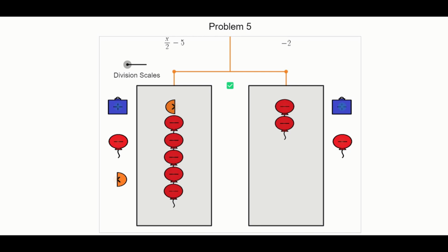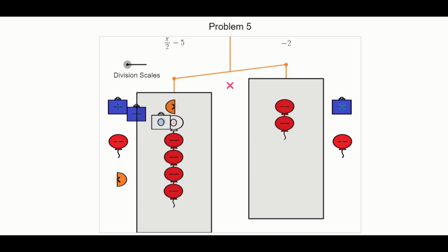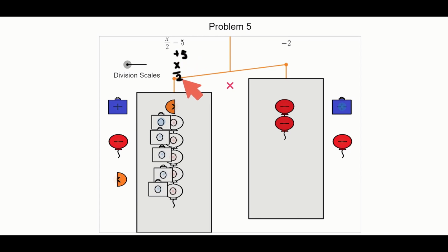Problem 5. Here we have half an x and 5 negatives, and on the other side we have negative 2. In order to solve for x, we first want to get x by itself, so we need to cancel out these 5 negatives. To do that, I'm going to add 5 positives, and each of these positives is going to cancel out. So that's the same as adding plus 5 to the left side, leaving us with our half of x.